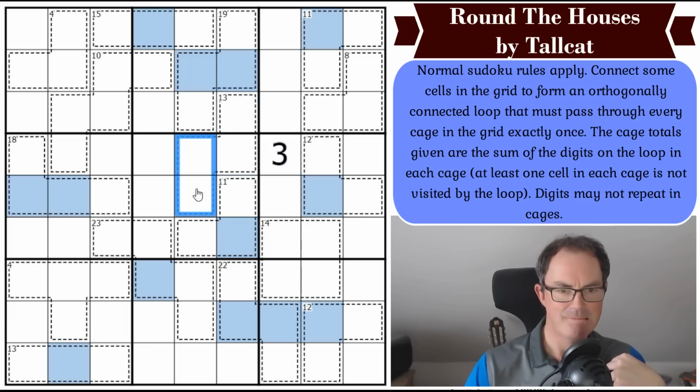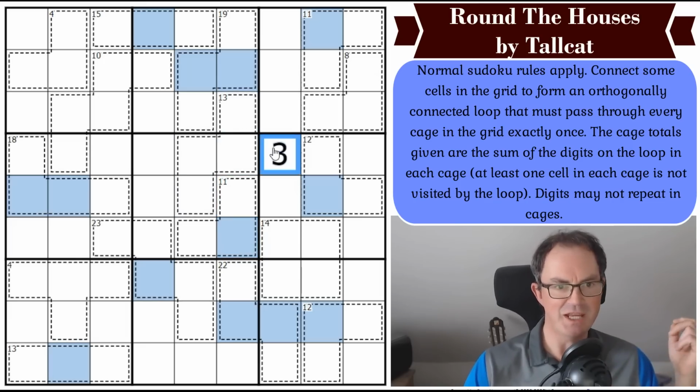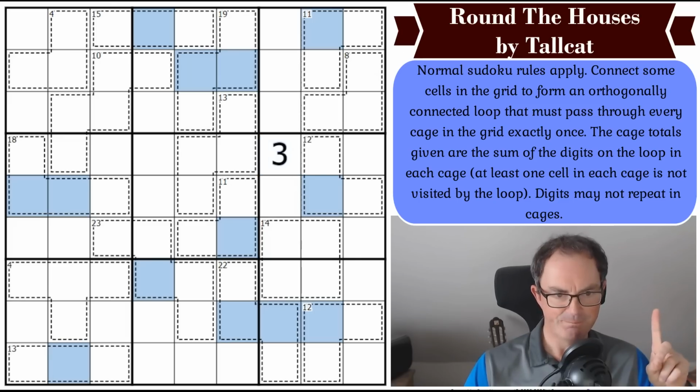So I don't think I can do any shading in that one. I might be wrong. Okay, so that's got us somewhere.